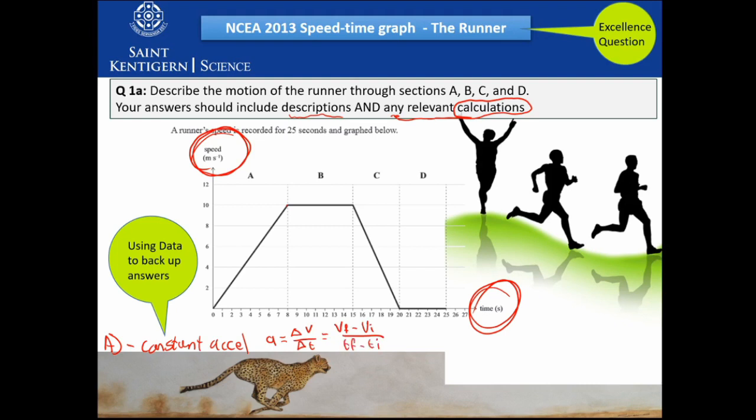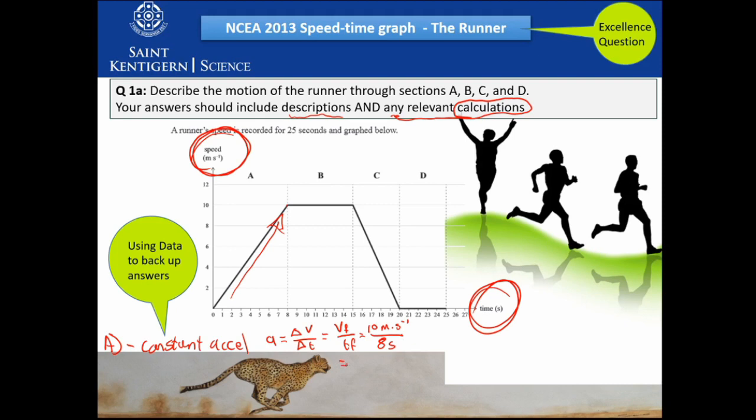Now in both these cases, velocity initial was 0 and time initial was 0. We know that it's going to be positive because it's going upwards. So velocity final in this case is going to be 10 meters per second divided by time, which was 8 seconds.